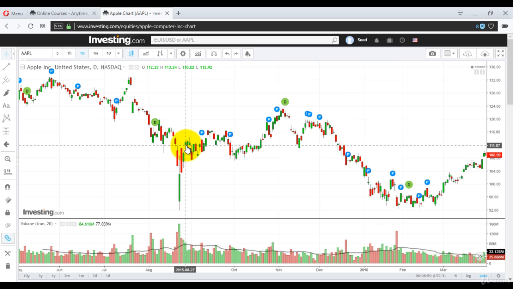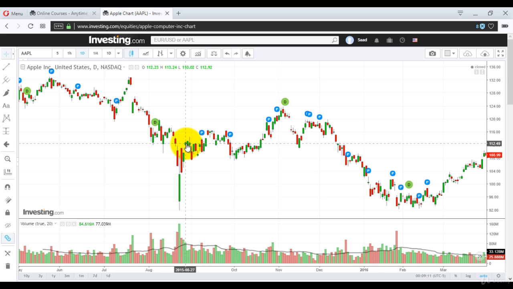Now, what does a hanging man mean? It means that the fall, this lower shadow, is usually 2 or 3 times of what this body is. This body is what? 70 cents from 112.23 till 112.92.